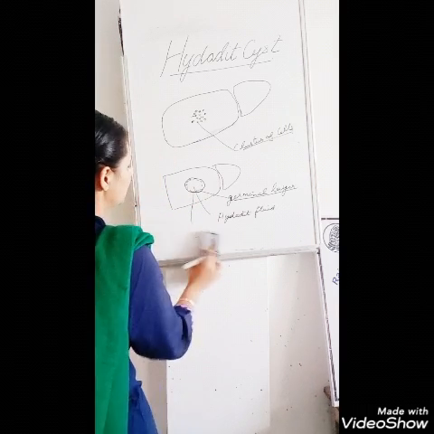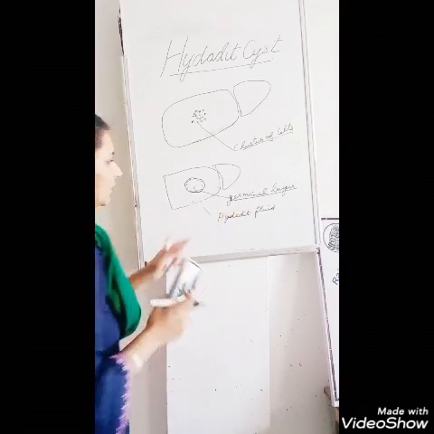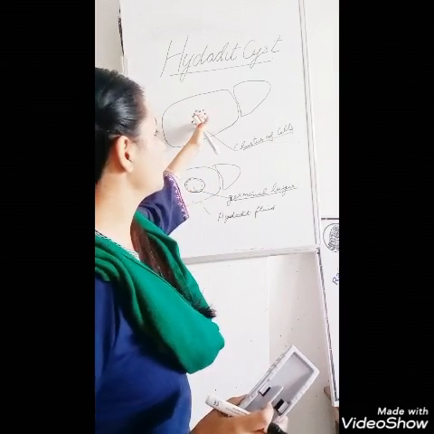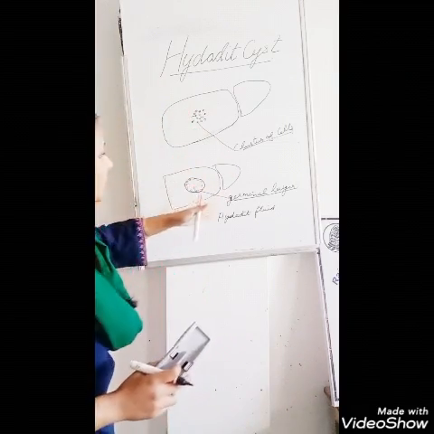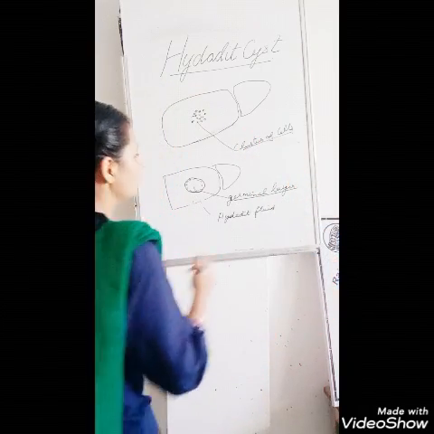Sorry, the outer layer is formed later. Right now it is only the germinal layer. Germ cells have formed the clusters, and afterwards they will surround outside and form a germinal layer.